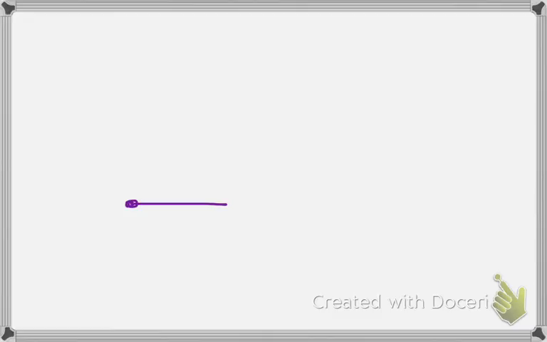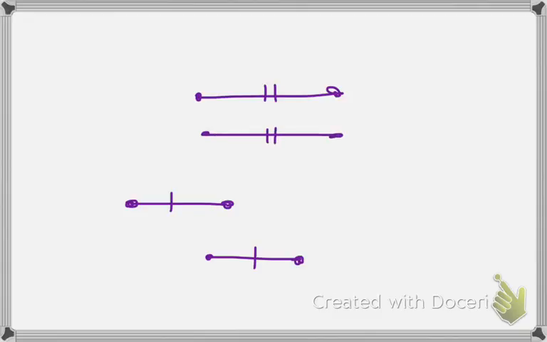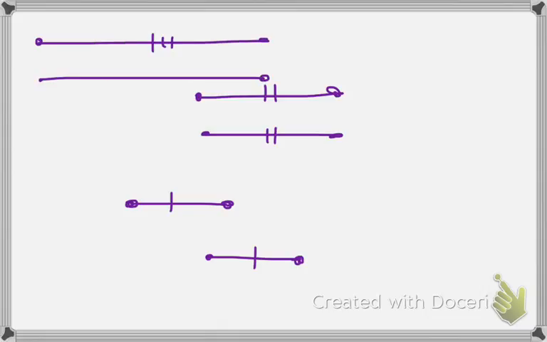If I had a segment here and it was congruent to this segment here, what would I do on those lines to show they're congruent? I would put a little tick mark, right? And if I had another set, instead of just one, I could do 2 tick marks, or I could do 3 tick marks if I needed a third set of congruent, right?